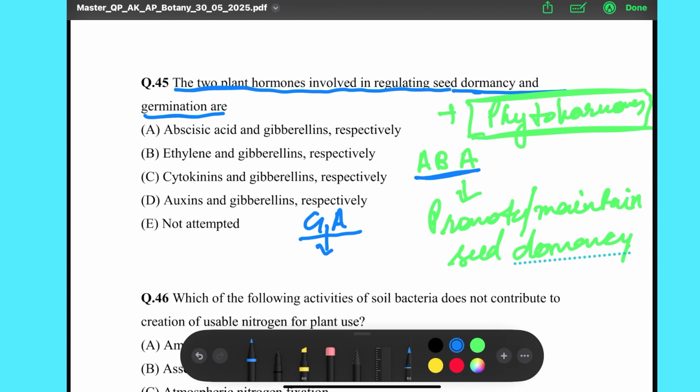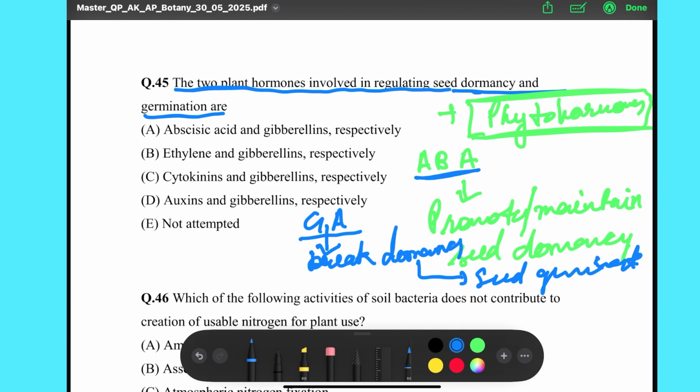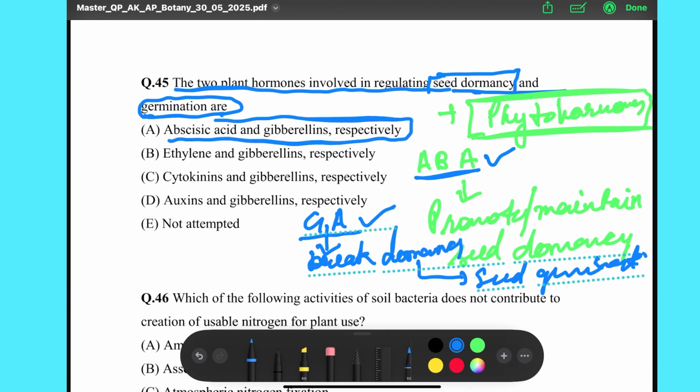Gibberellins break dormancy, and then the seed germinates. I hope the question is clear. The two plant hormones regulate seed dormancy and germination. For a certain period of time the seed is in a dormant condition, which is due to ABA, and germination is due to breakdown of that dormancy, which is by gibberellic acid. The answer will be abscisic acid and gibberellic acid respectively.